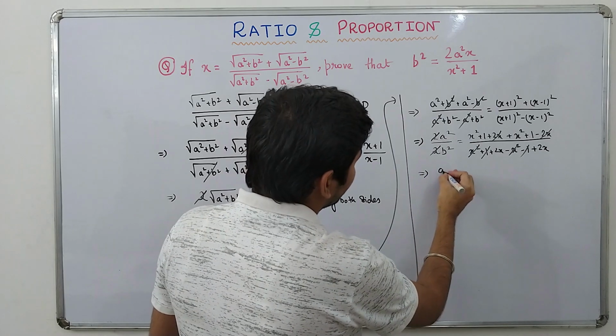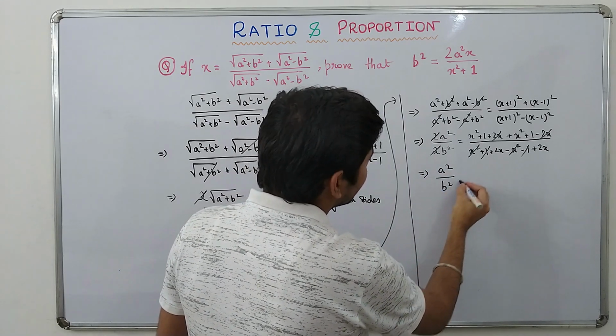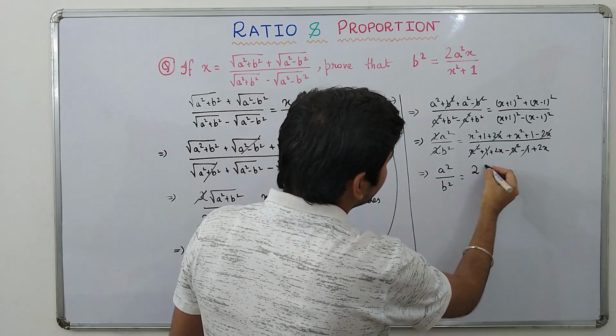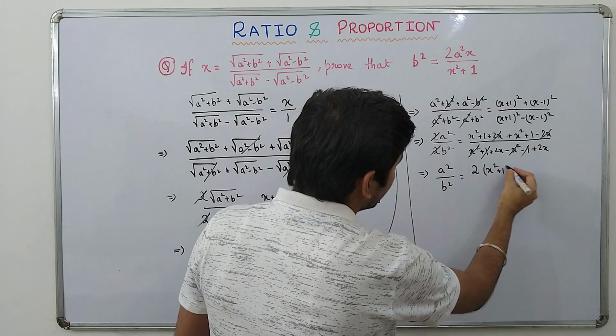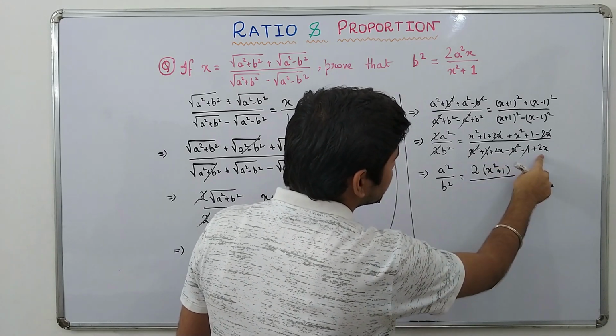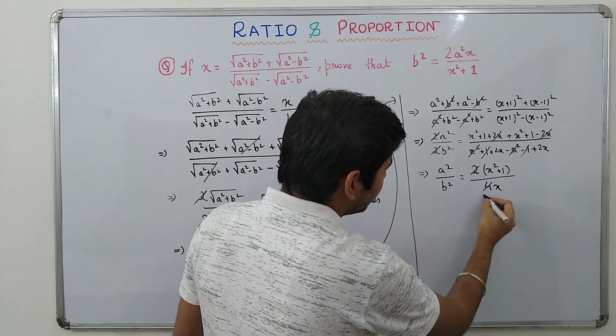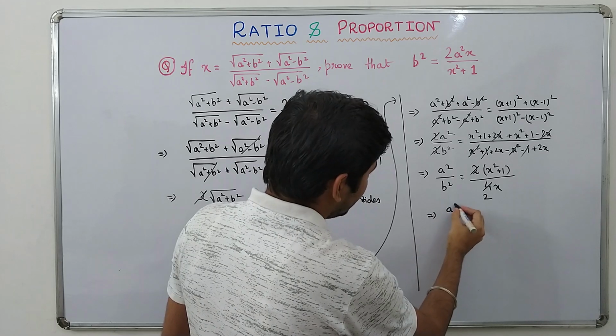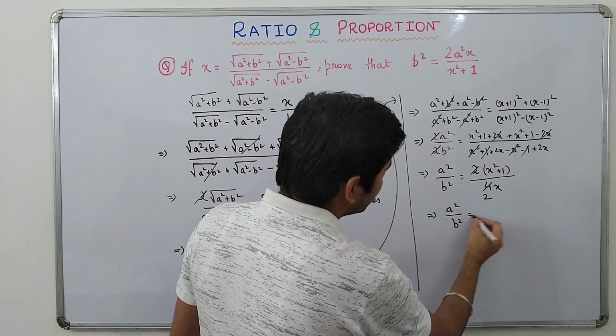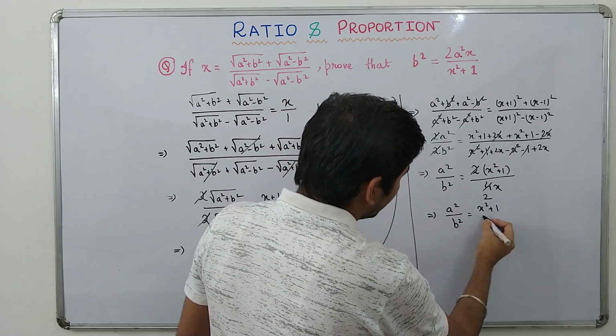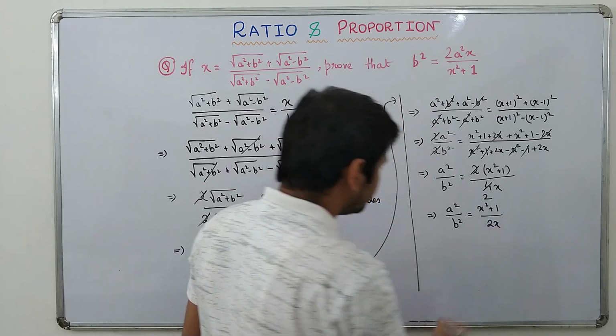So we get a square by b square is equal to 2 into x square plus 1 by 2x plus 2x, that's 4x. Now this and this get cancelled out to give 2. So we get a square by b square is equal to x square plus 1 by 2x.